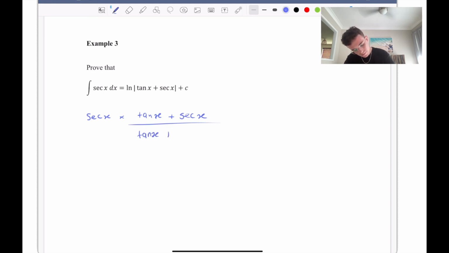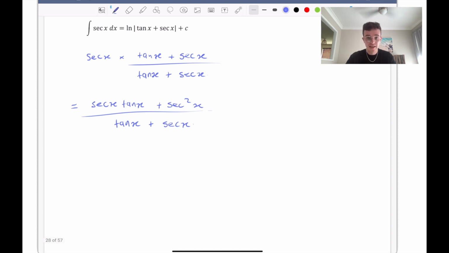And we're allowed to do that because it's just 1. And we might recall from one of the Cambridge textbook exercises in Extension 1 that this was actually a question. So if we simplify the top, it's going to be sec x tan x plus sec squared x on tan x plus sec x.